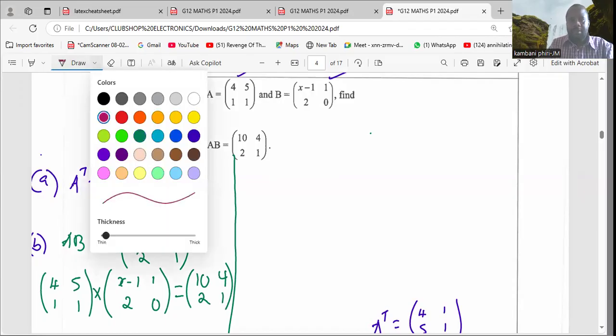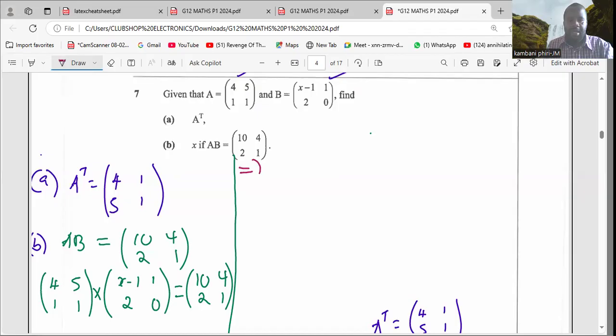Okay. So what does this mean? You multiply row by column, meaning that you multiply 4 by x minus 1, then plus 5 by 2.